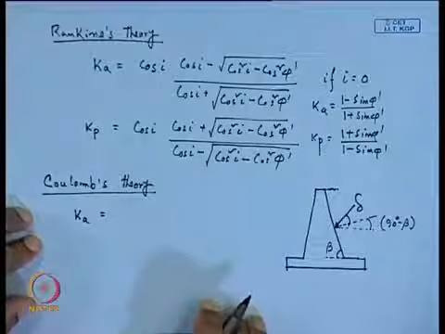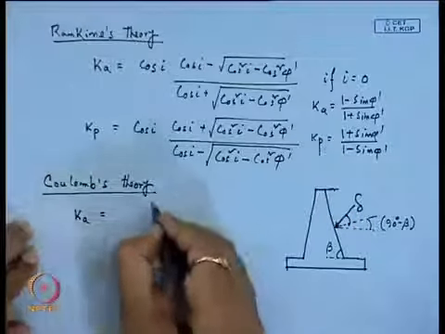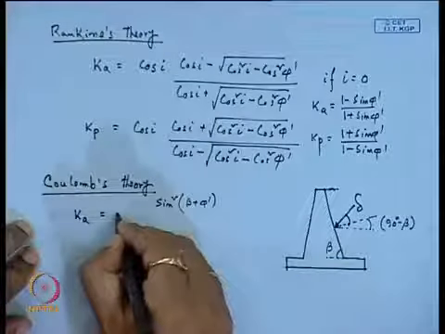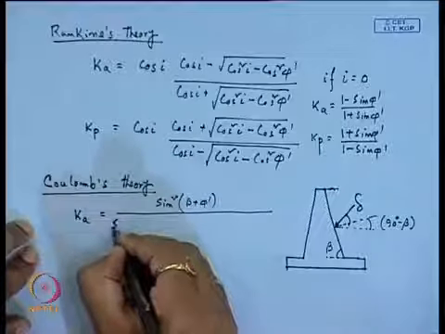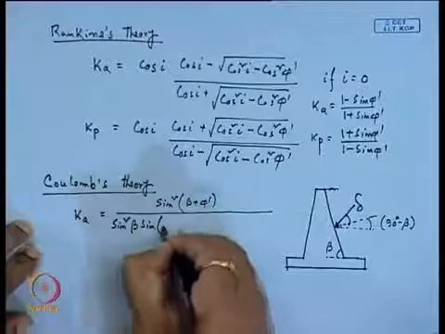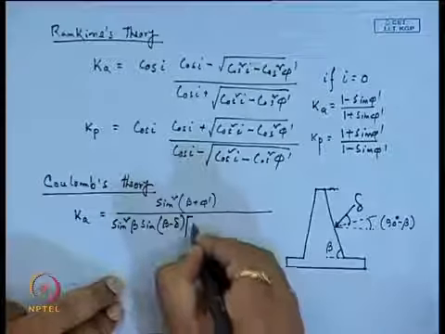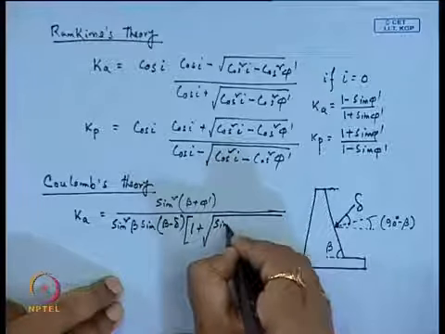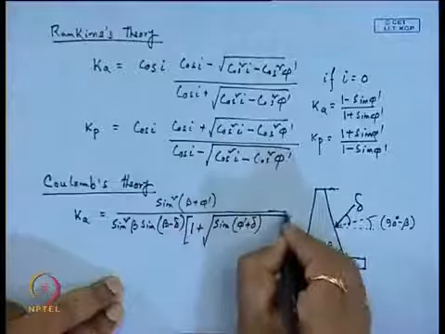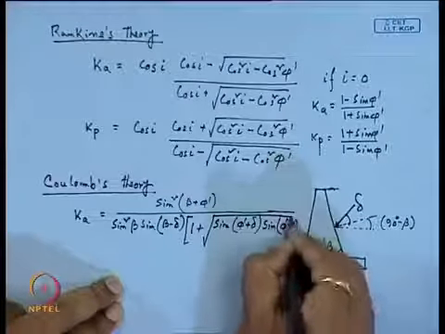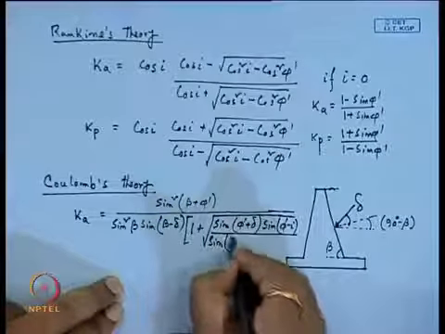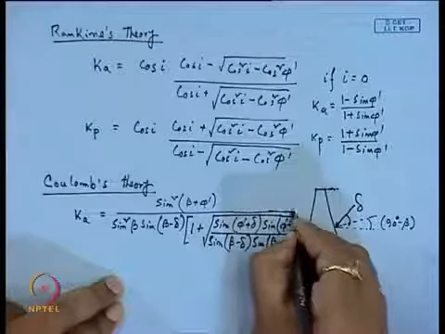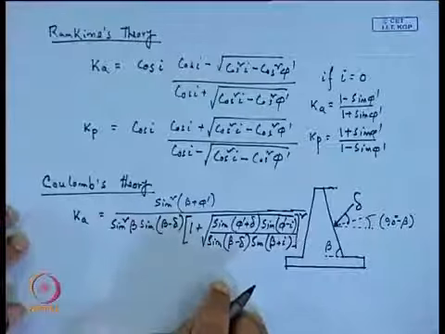Now, for this type, K A we get by this expression: sin square beta plus phi dash, divided by sin square beta into sin beta minus delta, into 1 plus root over sin phi dash plus delta into sin phi dash minus I, divided by sin beta minus delta into sin beta plus I, and the total is squared, for the C equal to 0 condition.